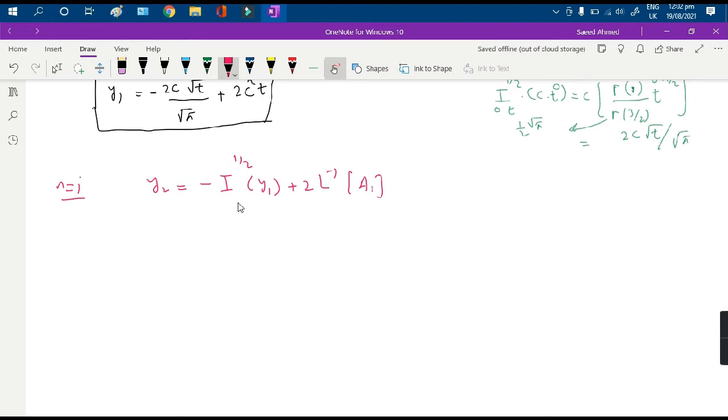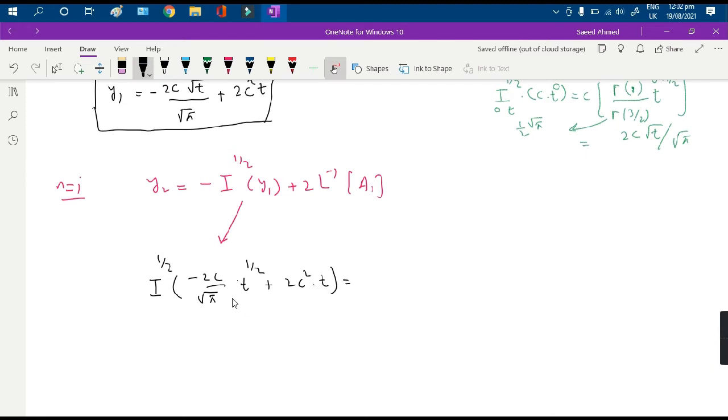Okay, first we'll take this thing. I will first solve the integral operator of order 1/2 of y1, and this is our y1: minus 2c over square root of pi times t to the power 1/2, plus 2c square into t.